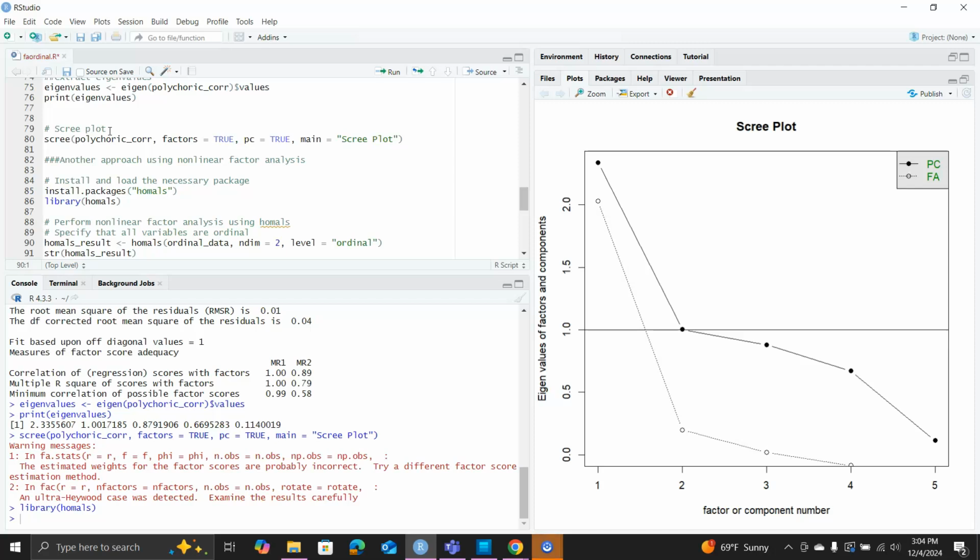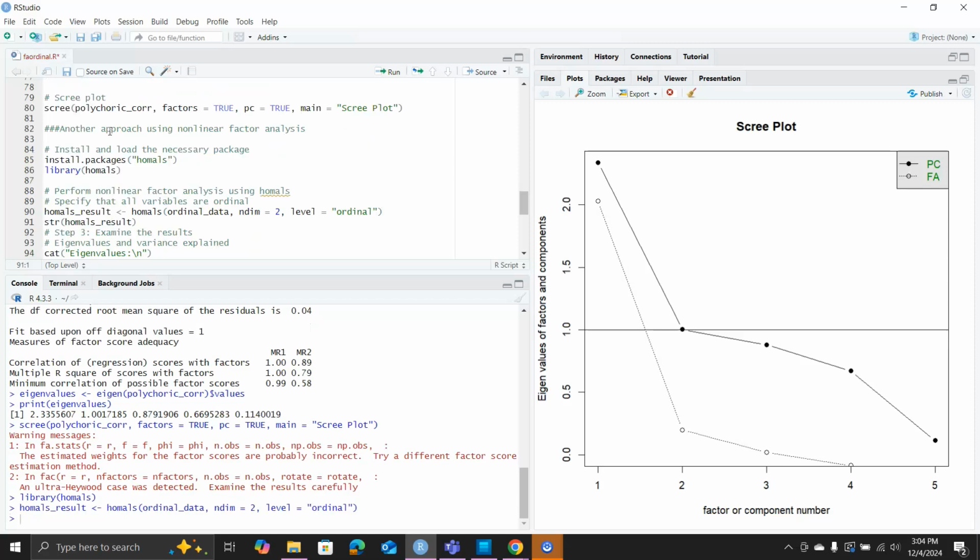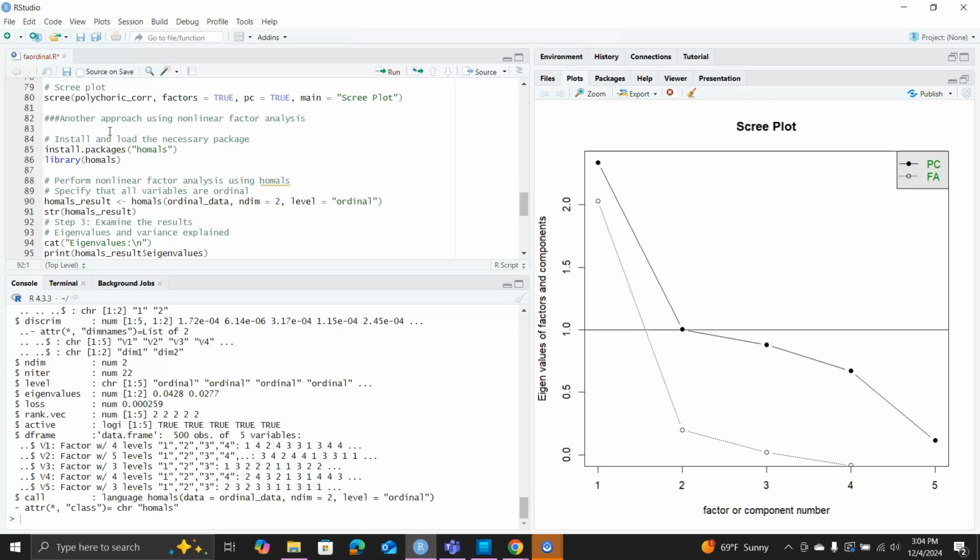Okay, we load that library, and it's very easy. We just need to feed the homals function with the ordinal underscore data, and then with the dimension equal to 2, to get 2 factors. And you must, this is important, you must set level equal to ordinal. Okay, and then you take a look at the structure of this output.